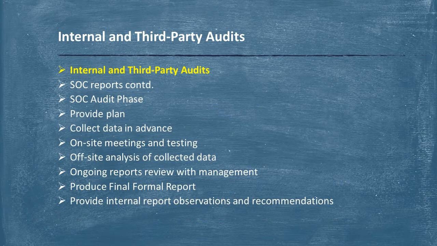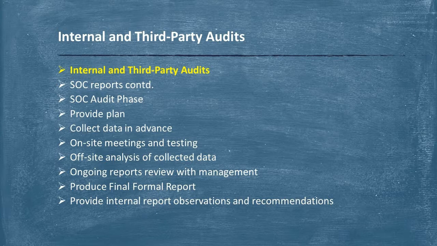Next comes the formal audit. The audit phase: provide a plan, collect data in advance, on-site meeting and testing, off-site analysis of collected data. During the meeting, the auditors might have collected the data. They go to their office off-site and then analyze the data.